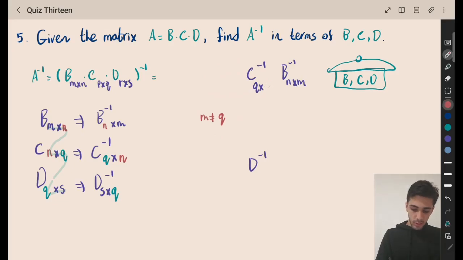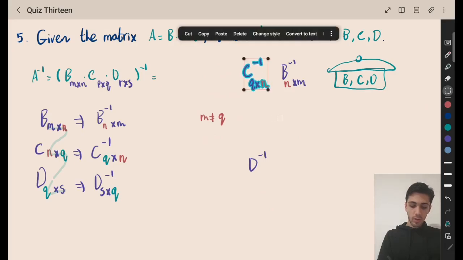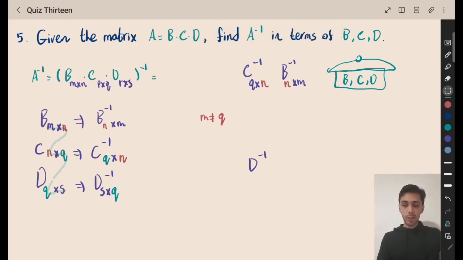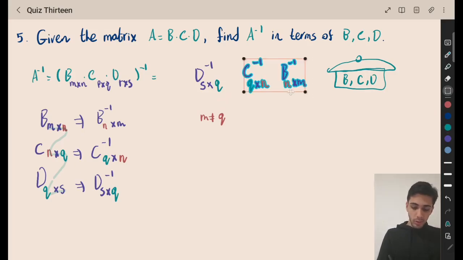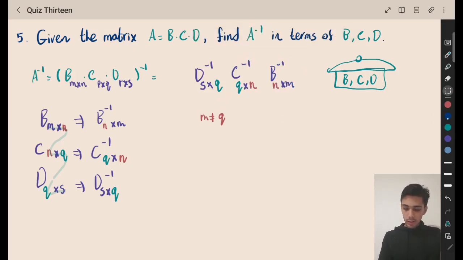P is just equal to N. Then this is properly defined. And then it just remains to put the D inverse, which is S times Q. S is a bit isolated. There's nothing it is equal to. But do you see how this fits very nicely? Just like this, S times Q, Q times N, and N times M. This is really how it looks.